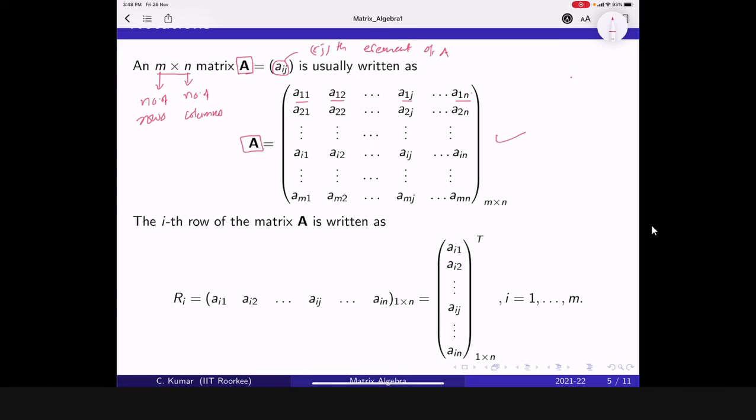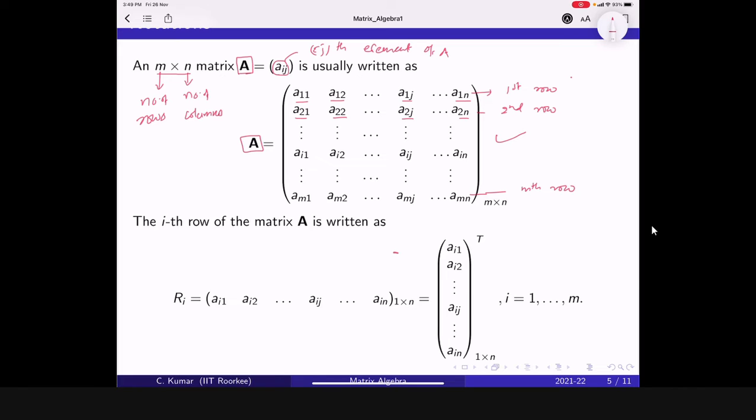This is the first row. The second row is A21, A22, A2j, A2n, and so on. The last row is this mth row. Fine.